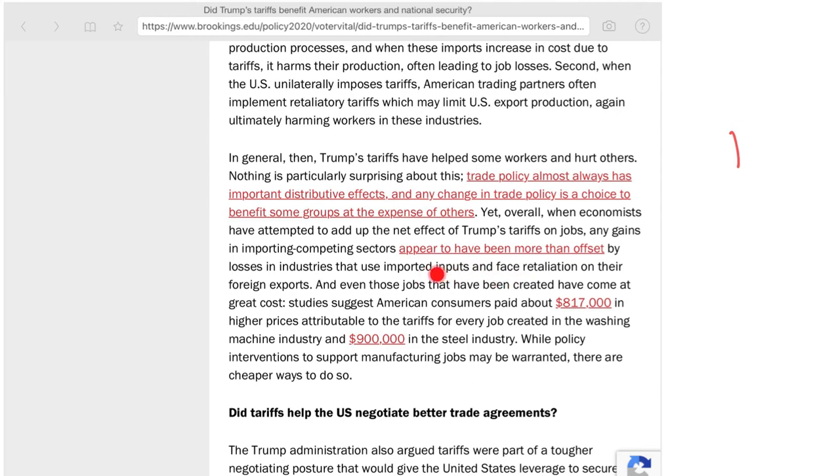So those are the two other industries that you need to be thinking about here. And even those jobs that have been created have come at a great cost.